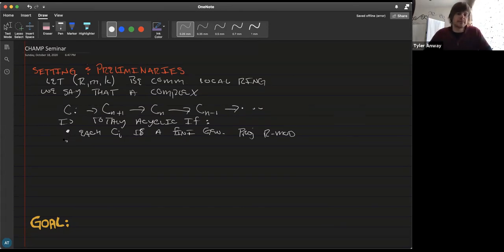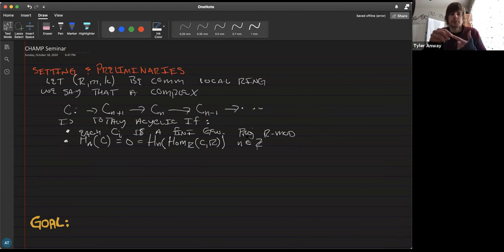And the homology at each degree is trivial, and the homology of the dual is trivial, and this is for all n. So what I mean by this is we have an acyclic complex, and then when you dualize it, it is also acyclic.